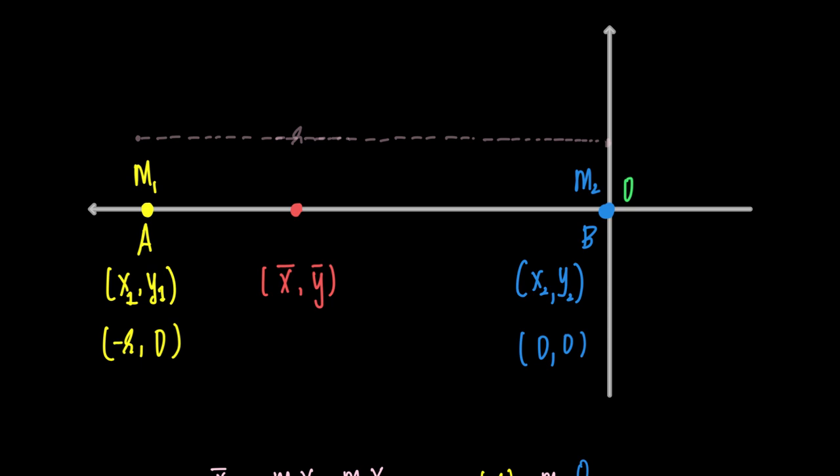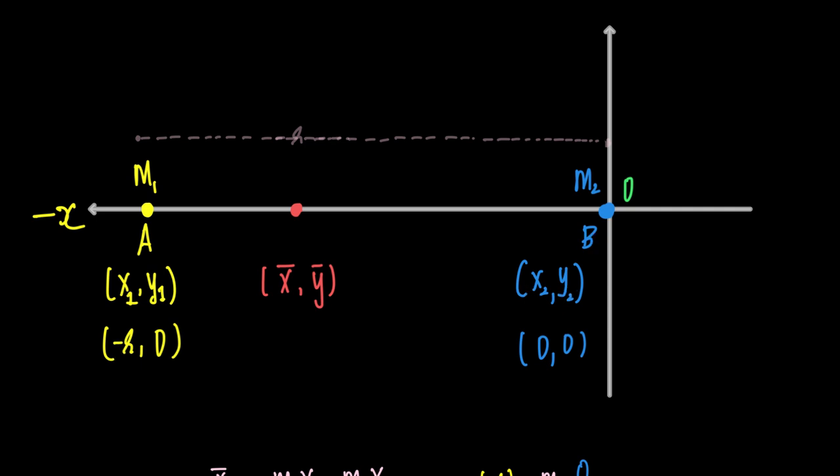What is the coordinate of a? X coordinate of a, x1. What is that measure? Since a and b are at a separation of r, this measure should be equal to r. So we can say x1 is equal to r, but since it is on the negative x-axis, I can say that x1 is equal to minus r.